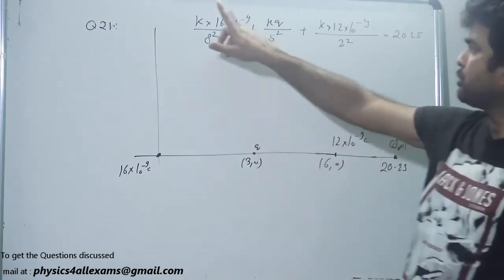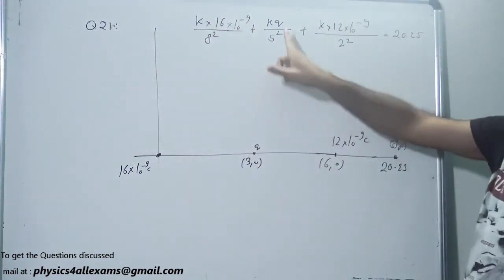K is known, distance is known, we simply have to solve for this, and we'll get the value of charge q.